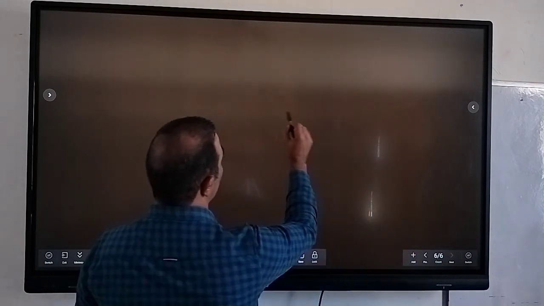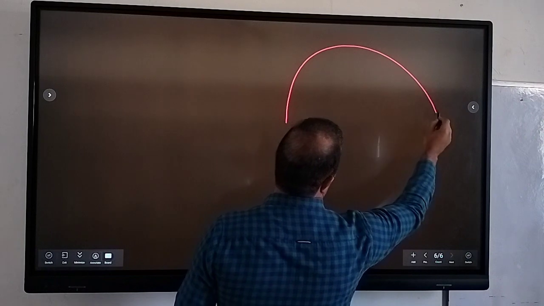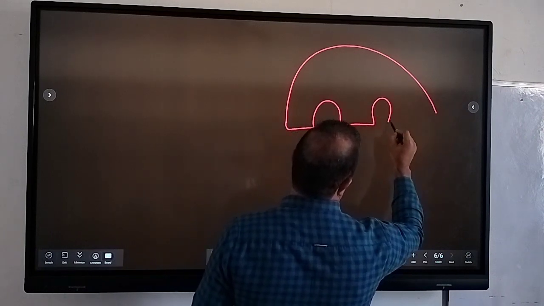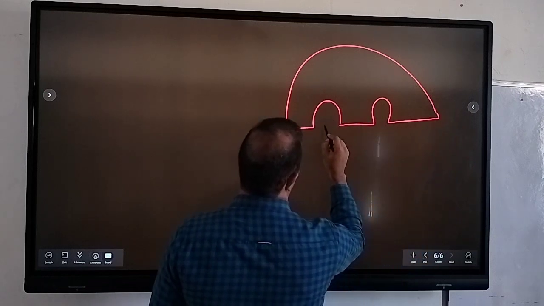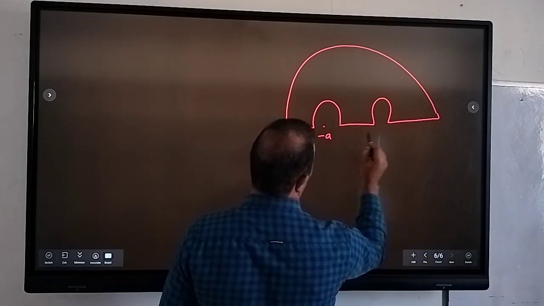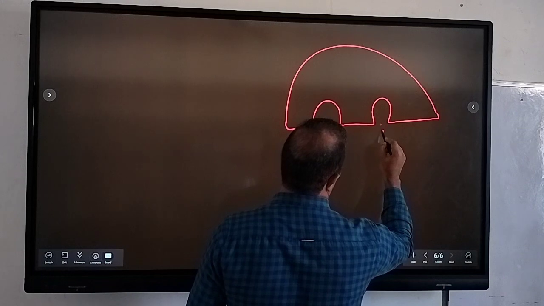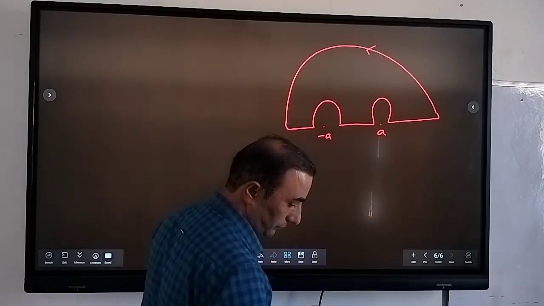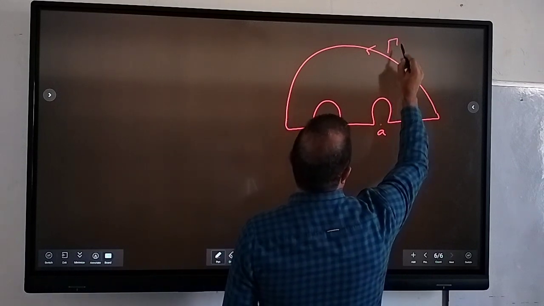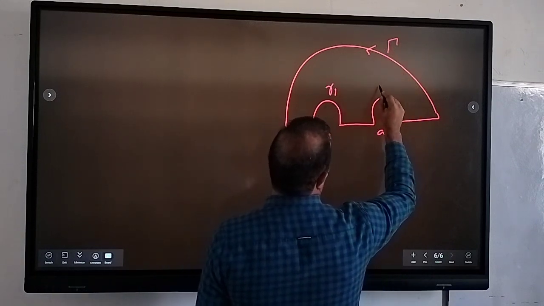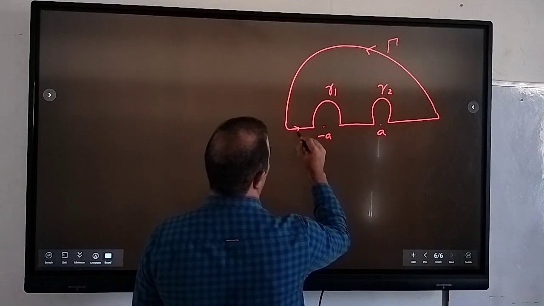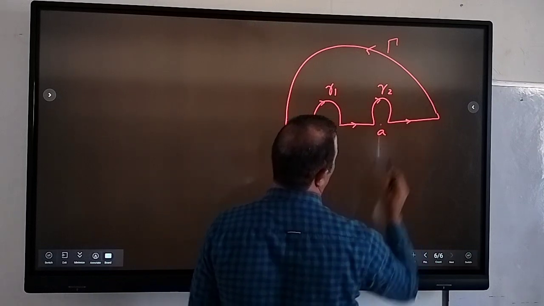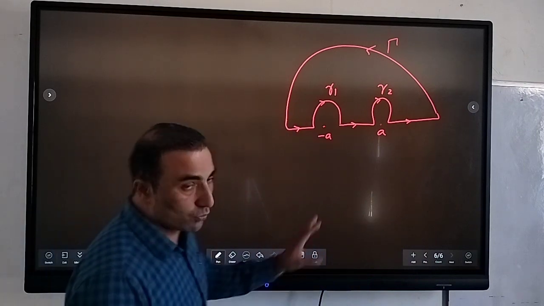So we have this semicircle here, with gamma 1 and gamma, and two poles on the real axis, one at minus a and another at plus a.